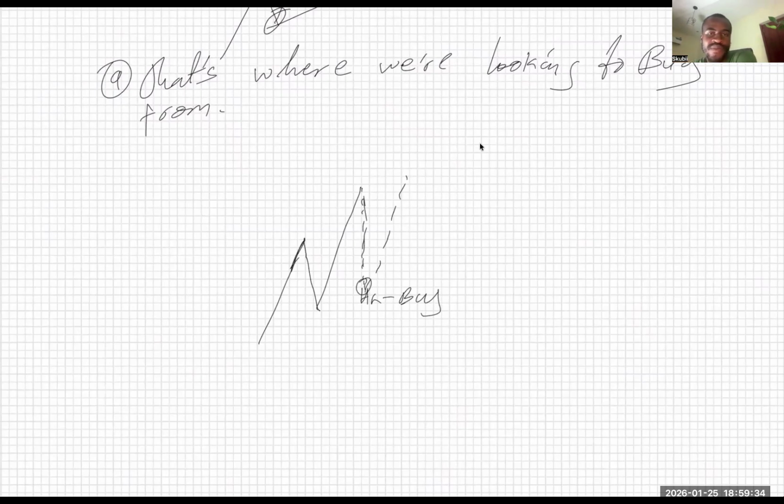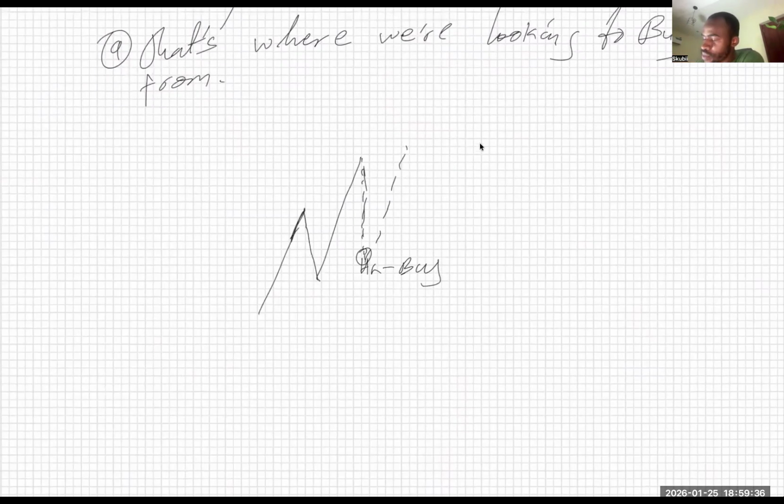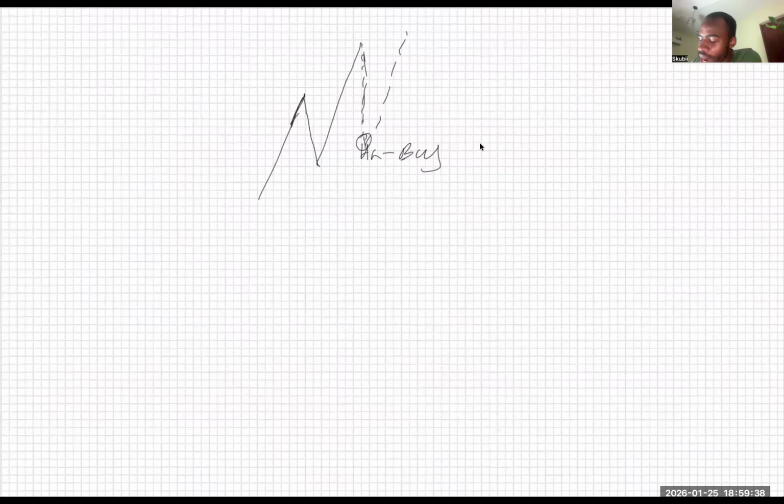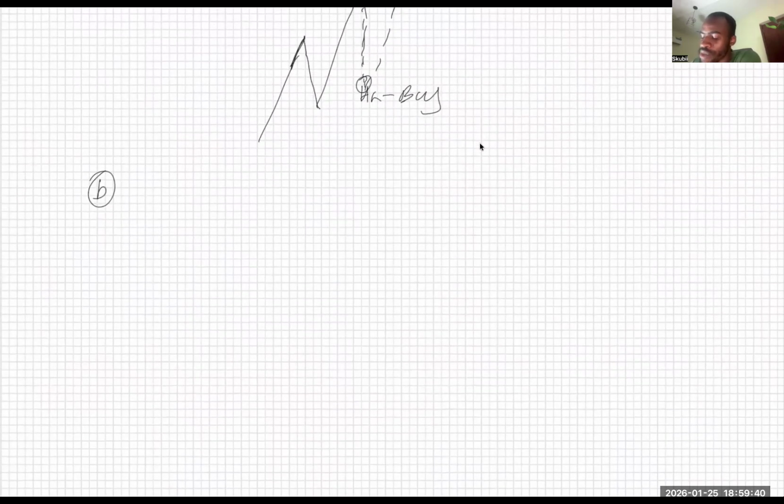Now, the second reason why we're paying attention to higher lows is because in an uptrend, if you see price push up and create a higher high, and as it's coming down, it fails to create a higher low and it breaks below a higher low, we have a shift in market structure. Let me put that down.